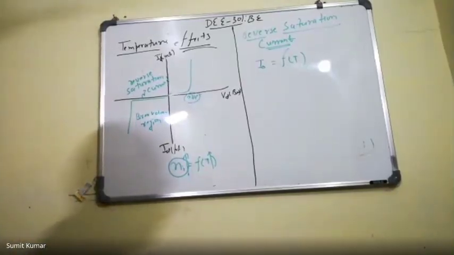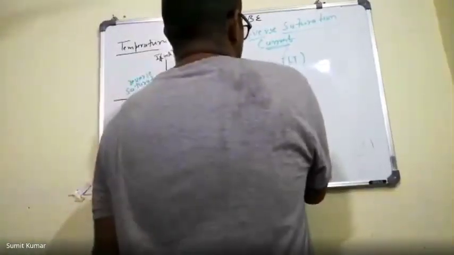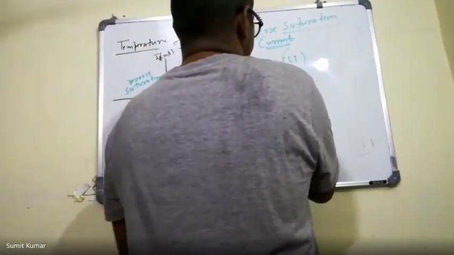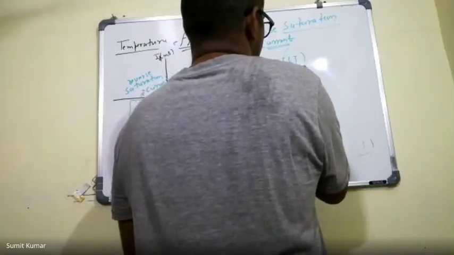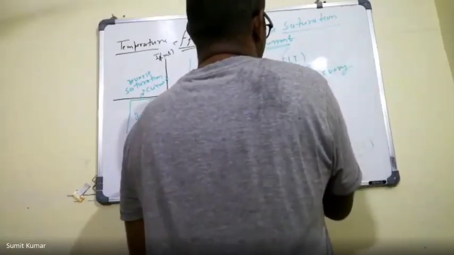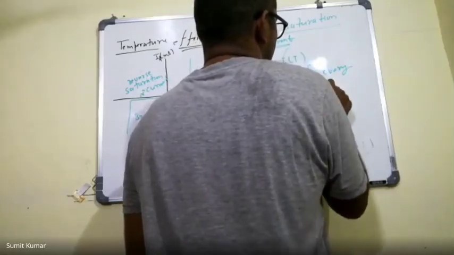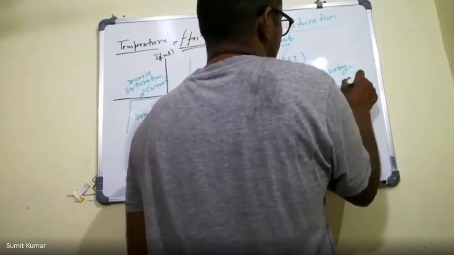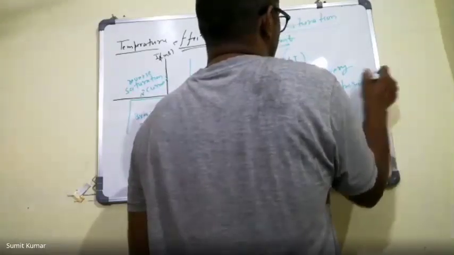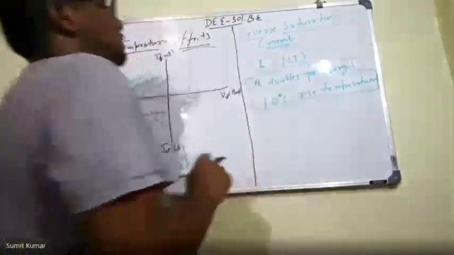You must understand, in the reverse bias region, the reverse saturation current of a silicon diode doubles for every 10 degrees Celsius rise in temperature. This is the practical observation related to the reverse saturation current.